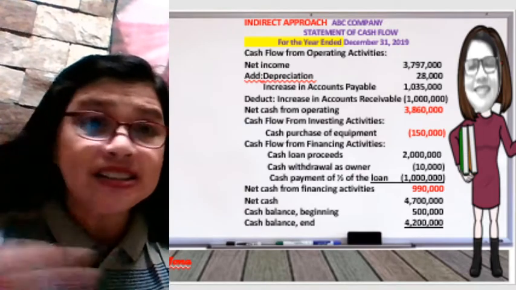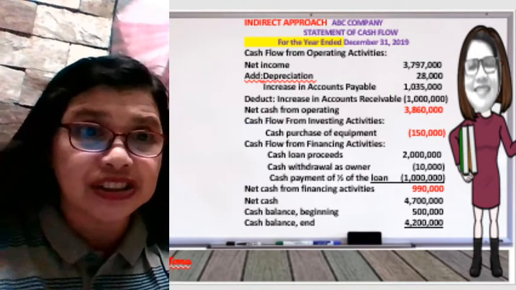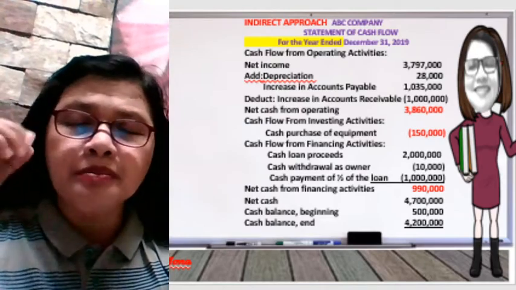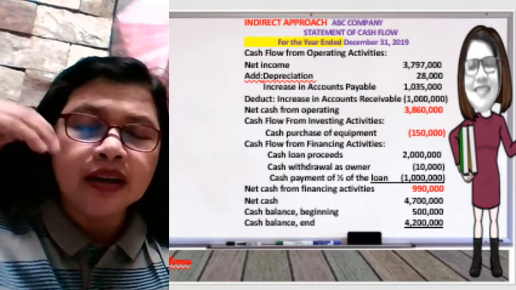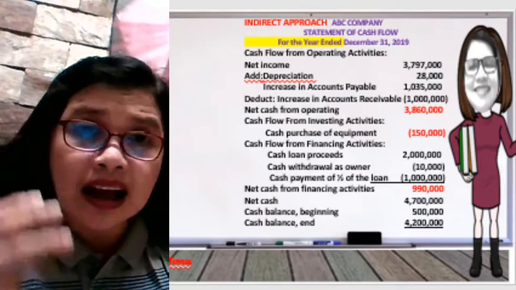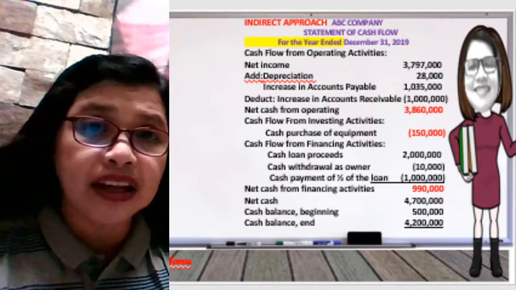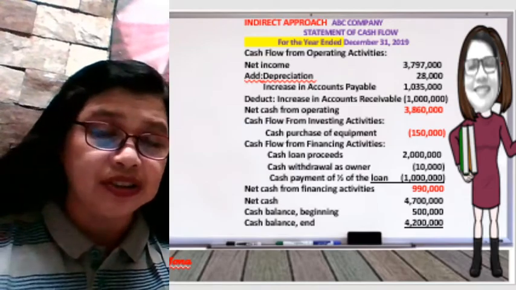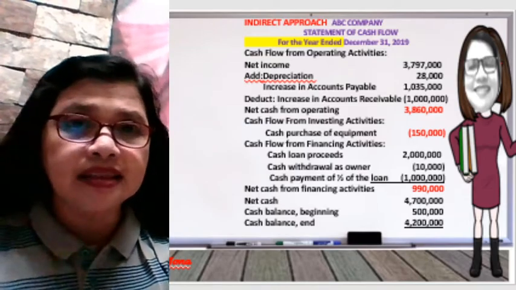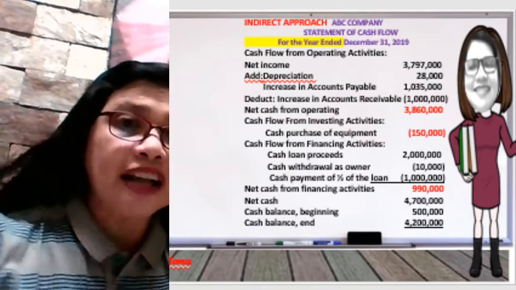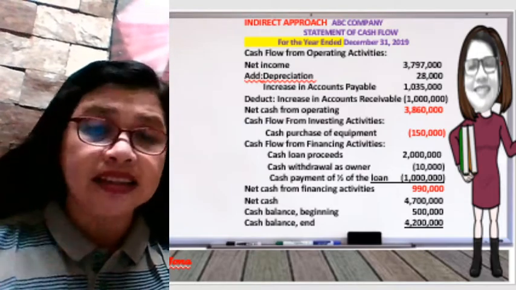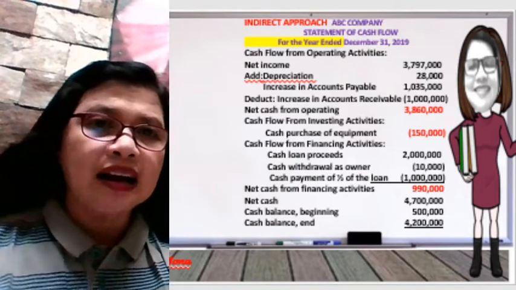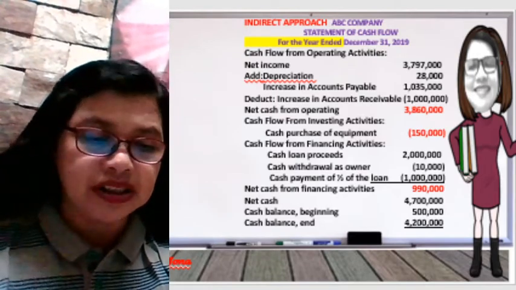But the accounts receivable is not cash. So you have to reduce it. Having an accounts receivable increased your net income, which in fact is not a cash transaction. So when it increased your net income, your cash flow here is overstated by such amount. So you have to reduce the increase in accounts receivable.